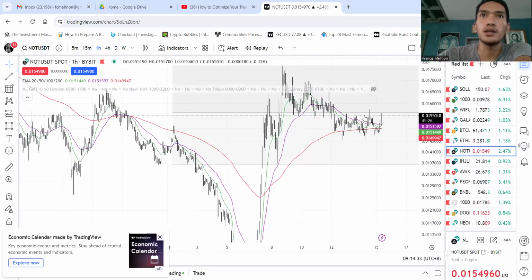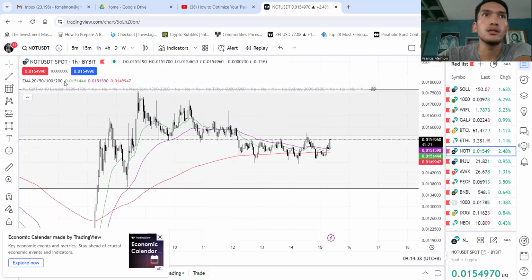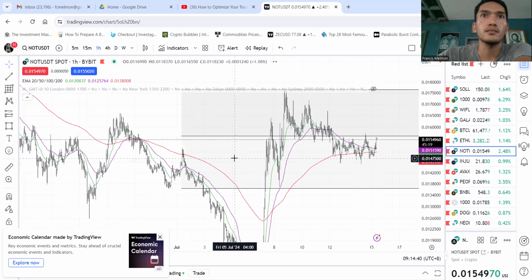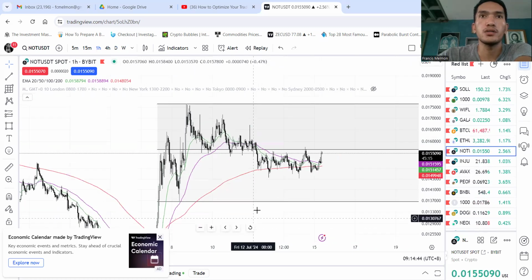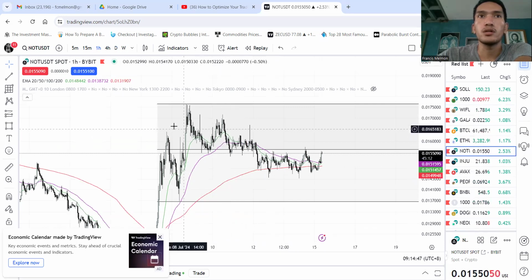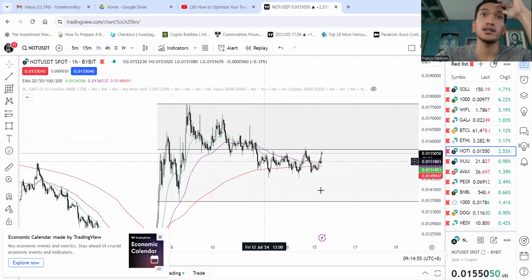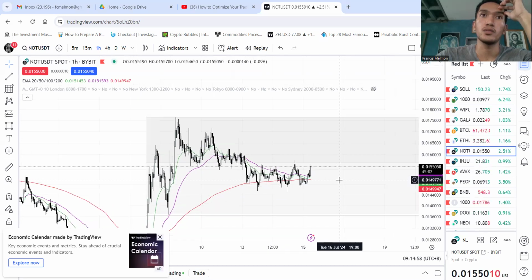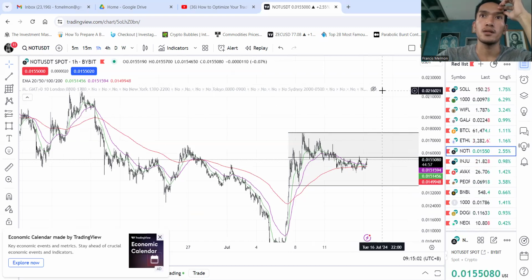Okay, as you can see right here, in our early price action, we have a break up structure in this area that signifies that we might have an impulsive up move.